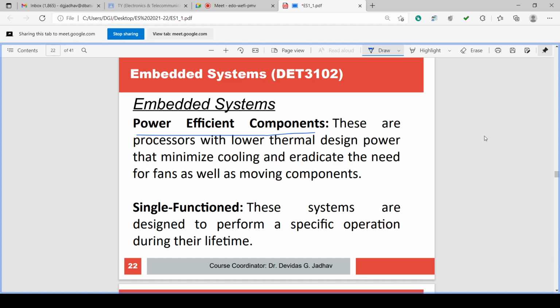A large capacity battery will take more space, more power, and cause more unnecessary heating. For that purpose, components must be power efficient, all the components inside the embedded system.